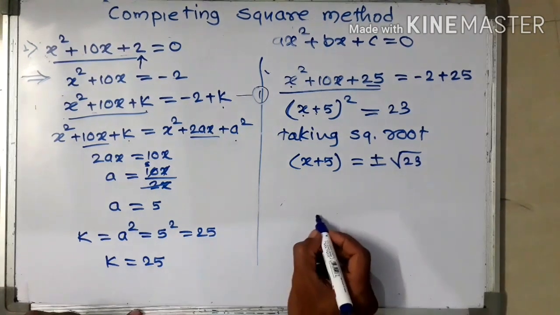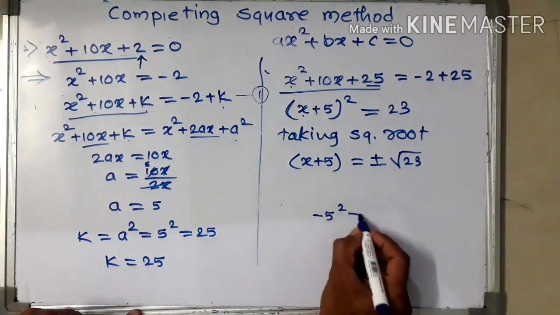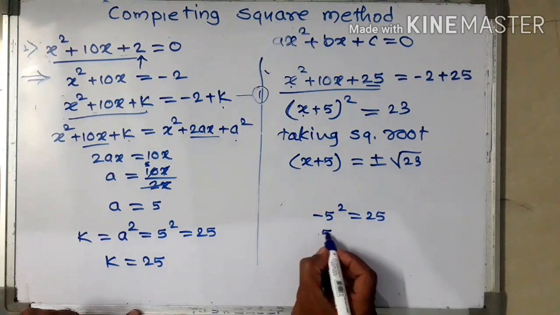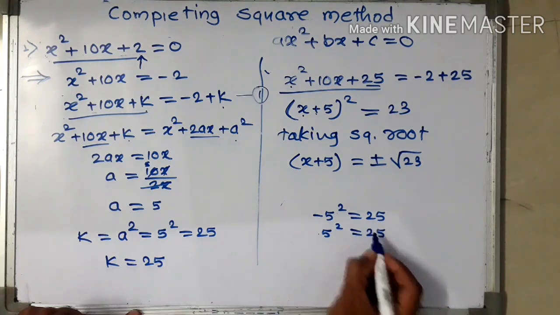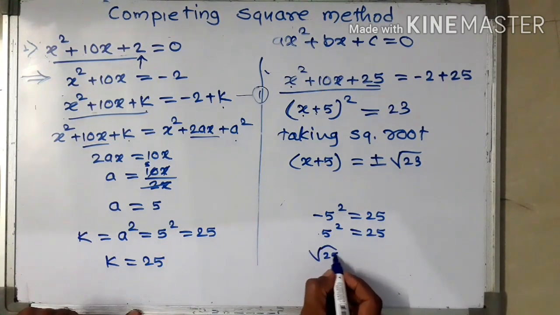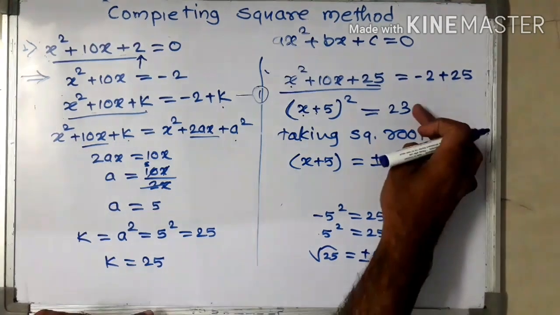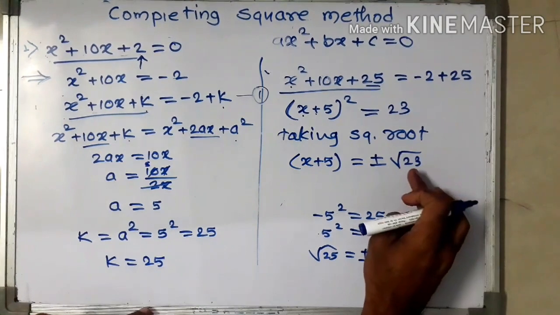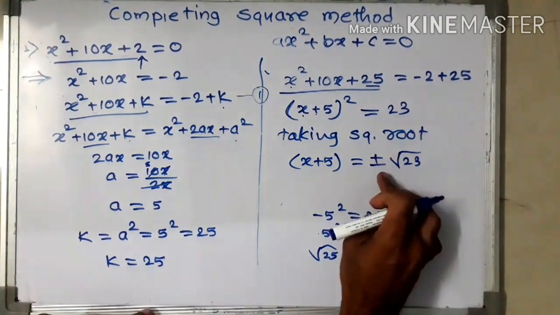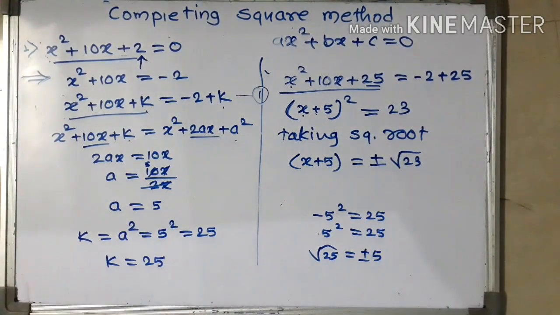We know that negative 5 square is also 25 and 5 square is also 25. So the root of 25 equals plus or minus 5. So we write the root of 23 as plus or minus root 23.